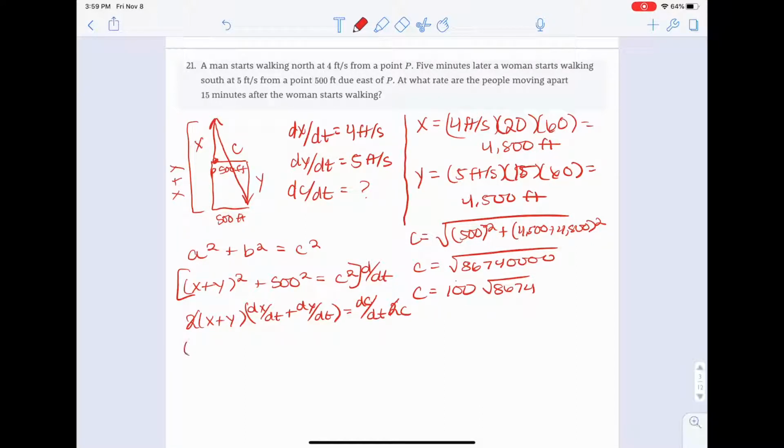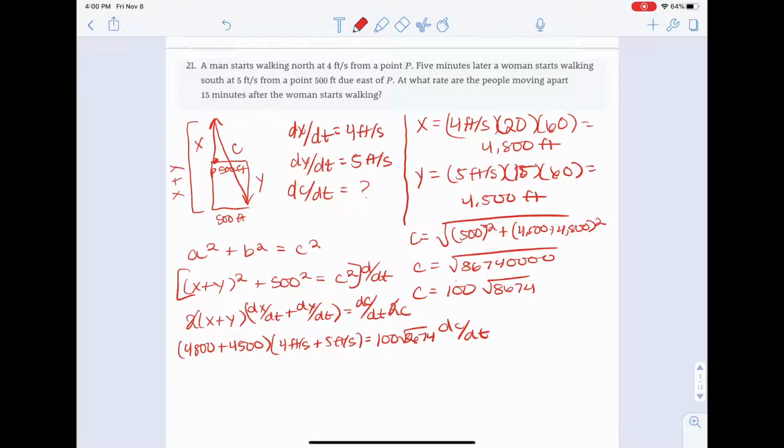So x plus y, so that's going to be 4,800 plus 4,500 times derivative of x, 4 feet per second plus 5 feet per second is going to be equal to c, our value, which is 100 square roots of 8,674, and then times the derivative of c with respect to time.